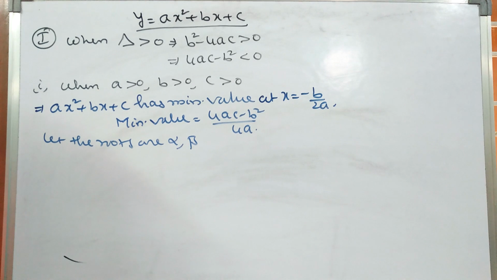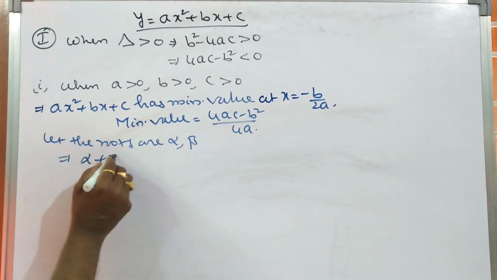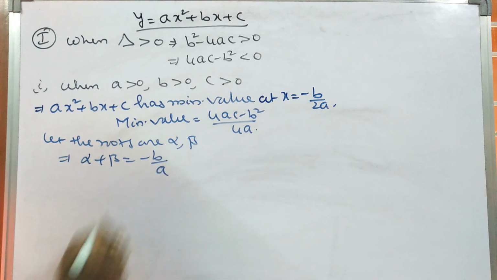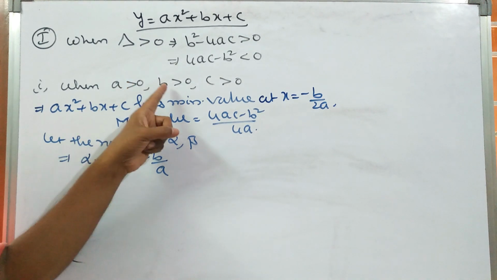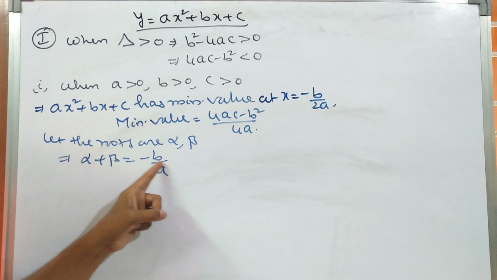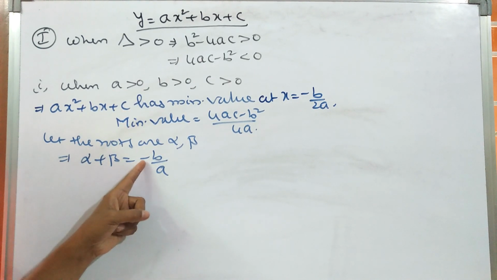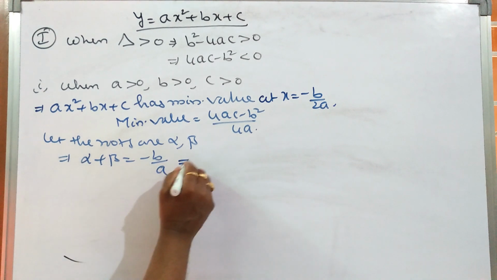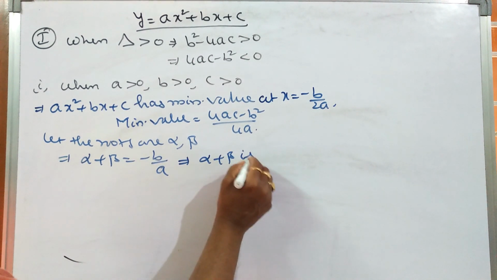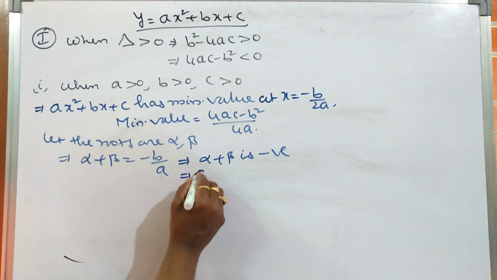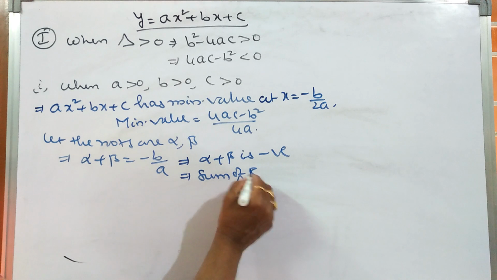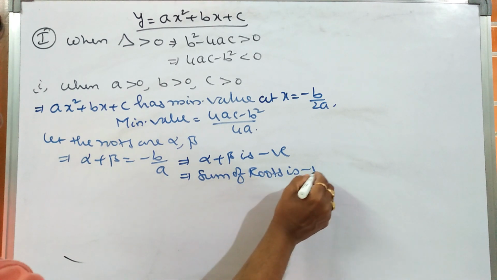So alpha plus beta is equal to minus b by a. Here b is positive and a is also positive, positive by positive is positive. But here the minus sign is there now. That means alpha plus beta is negative. That means sum of roots is negative.